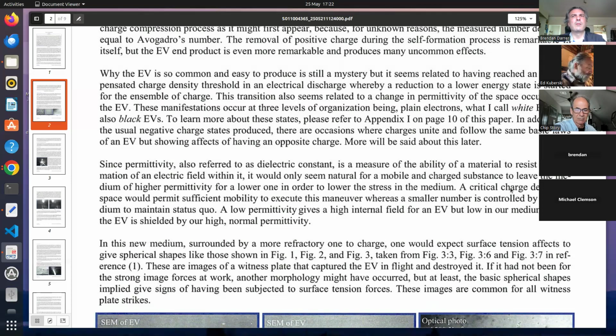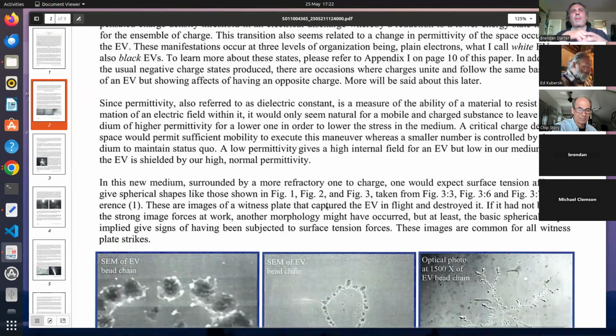In addition to the usual negative charge states produced, there are occasions where charges unite and follow the same basic laws of an EV, but showing the effect of having an opposite charge. More will be said about this later. Since permittivity, also referred to as a dielectric constant, so this is really important, you guys.